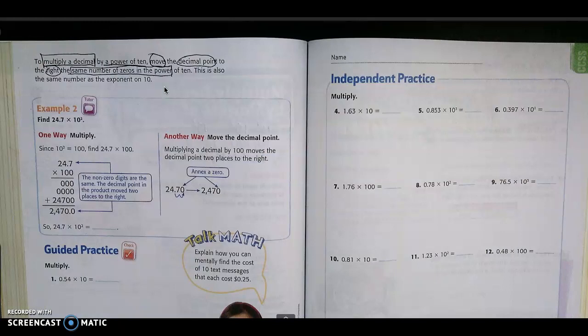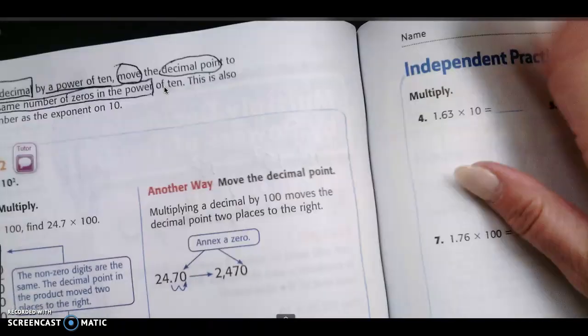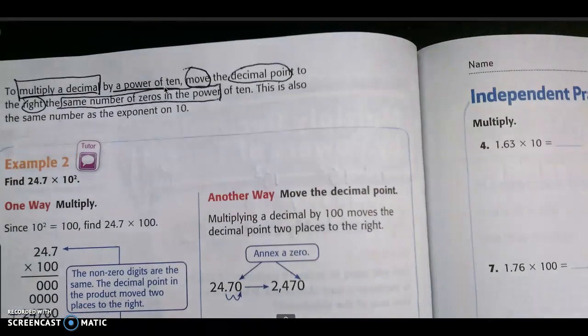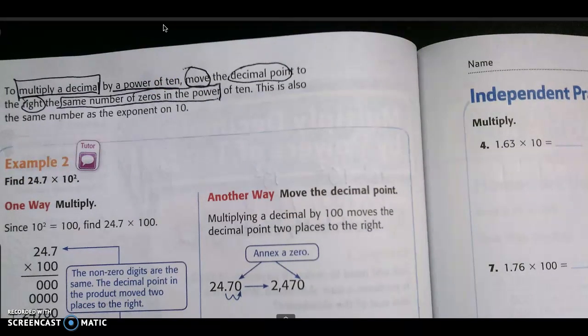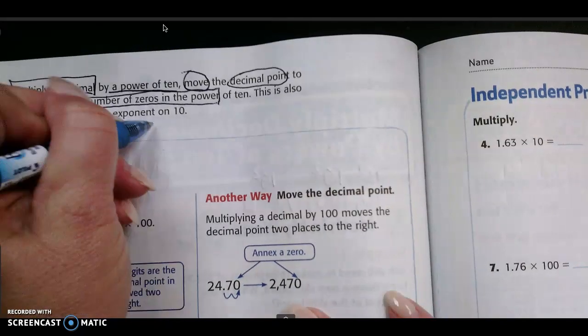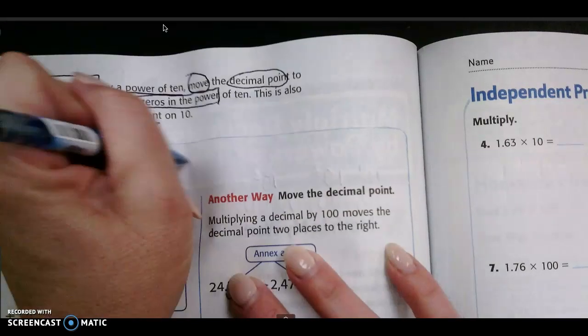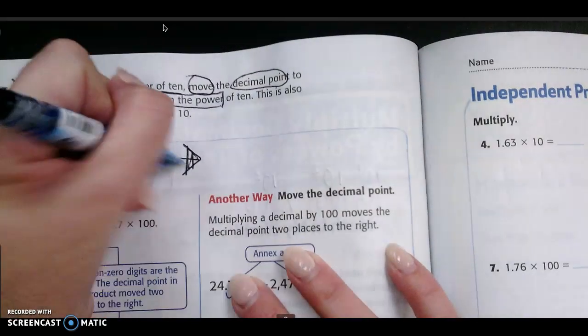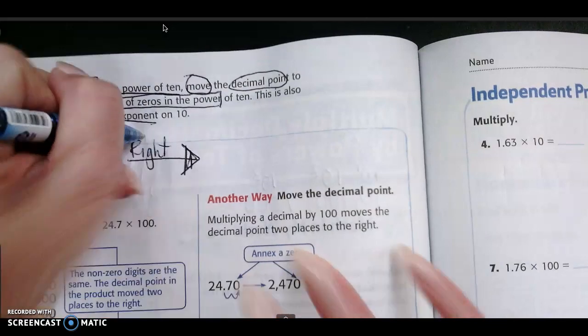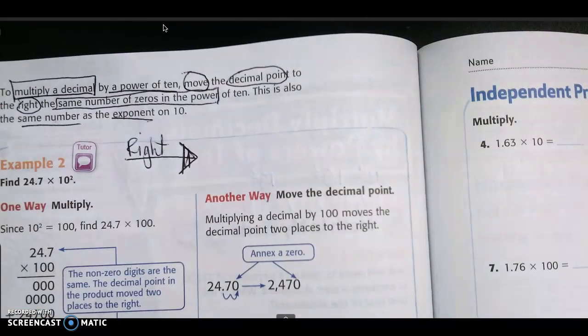This is also the same number as the exponent on a 10. Okay? To the right, meaning that way. Right? To the right. Correct?